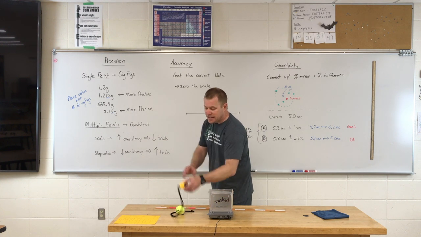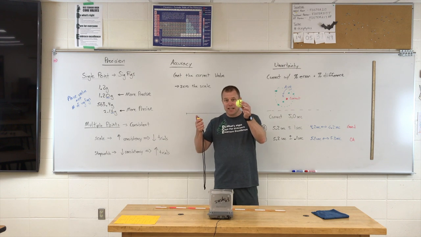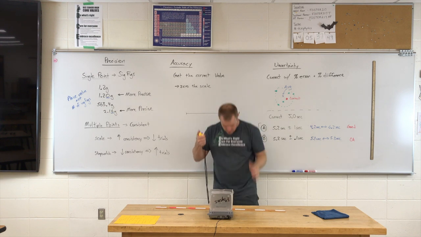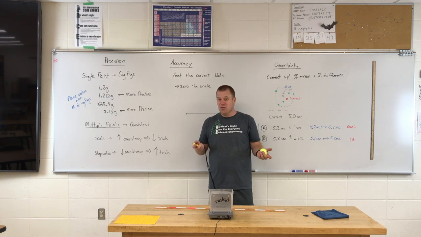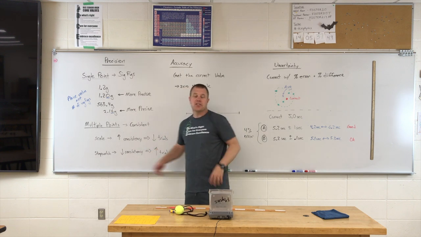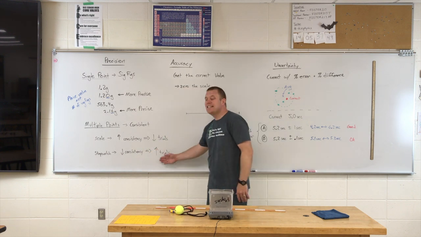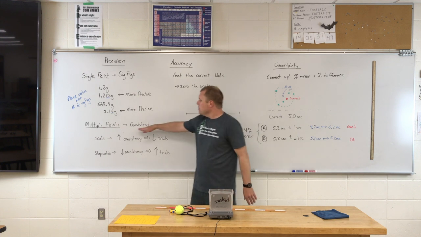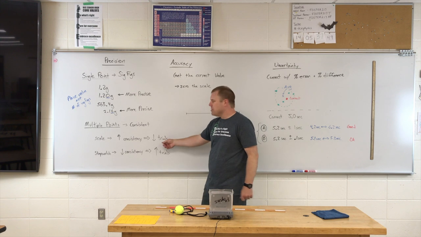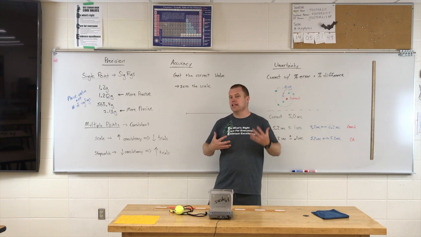Now, if I was to take this tennis ball and time how long it takes to drop it from eye level to the floor, and I try it again, am I going to get the same value? No, it's going to be less consistent. So what does that mean I need to do? I need to take more trials. So consistency or precision helps us determine how many trials we really need to take to get a good value for it.